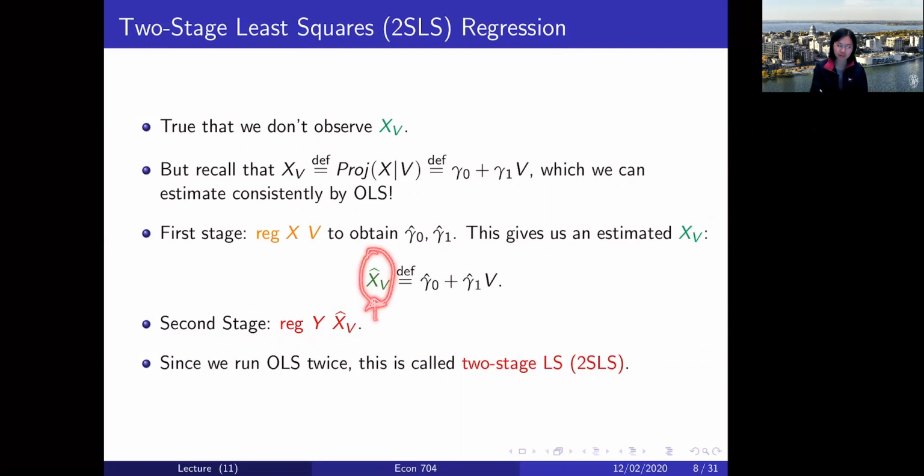Instead, it's something that you constructed using the sample already. And these errors in gamma hat mess up how the standard error should be calculated for your final estimator.